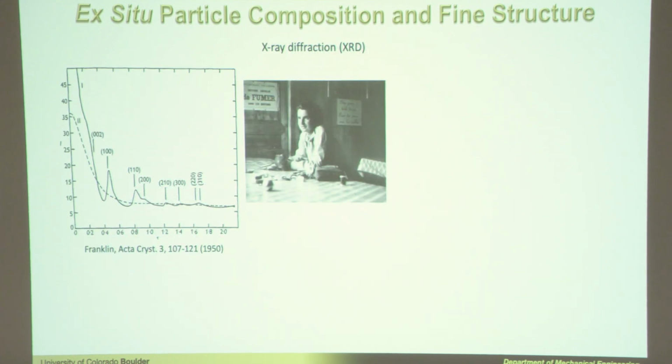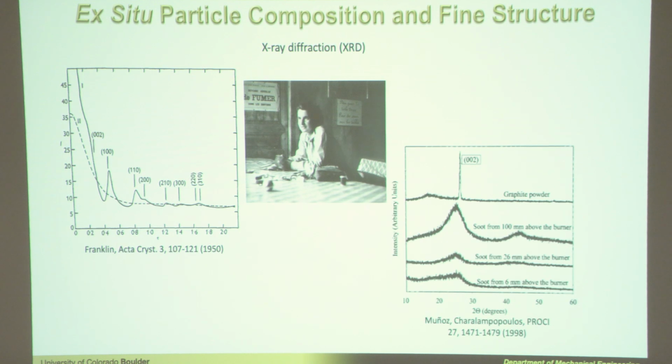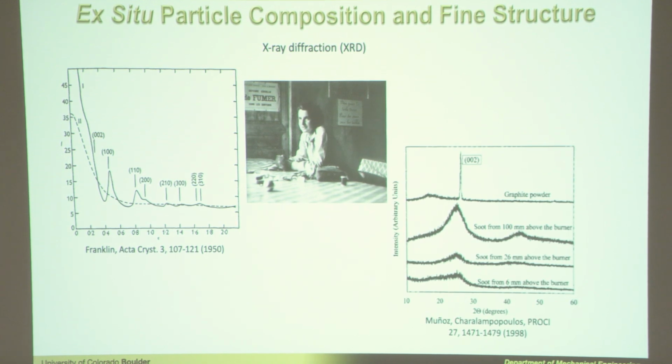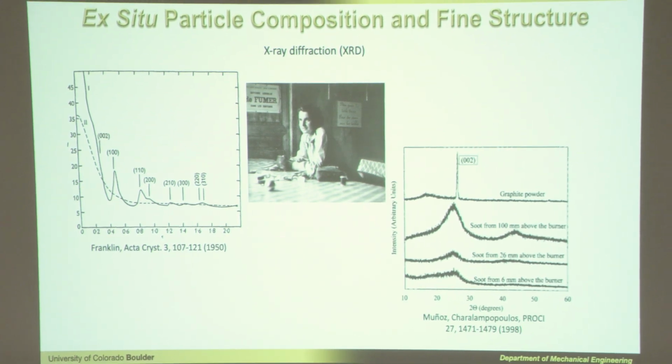Oh yeah, and here is Rosalind Franklin and one of her experiments looking at the X-ray crystallography or X-ray diffraction of this graphite sample. So here is a sample from a flame, and you can see the graphite peak.